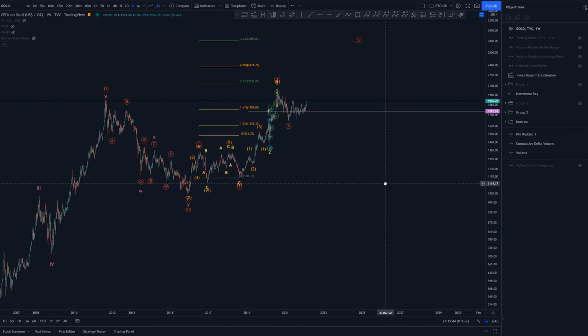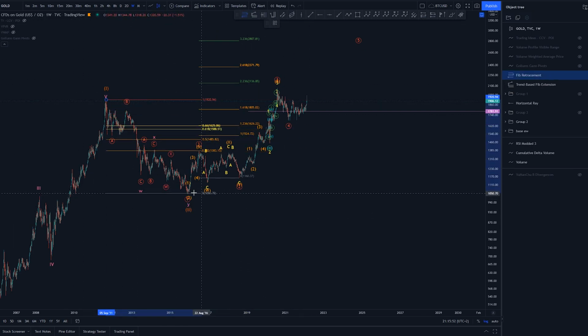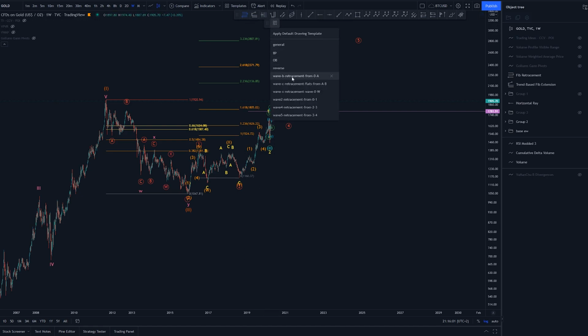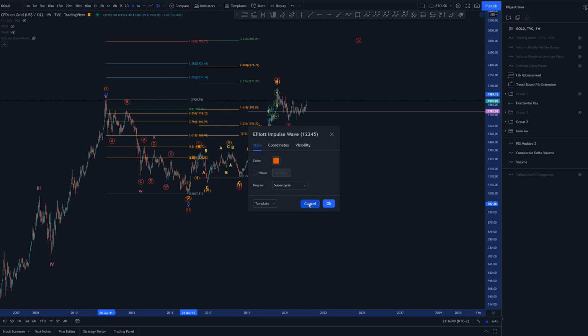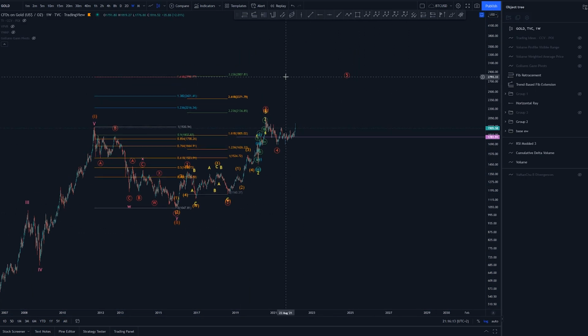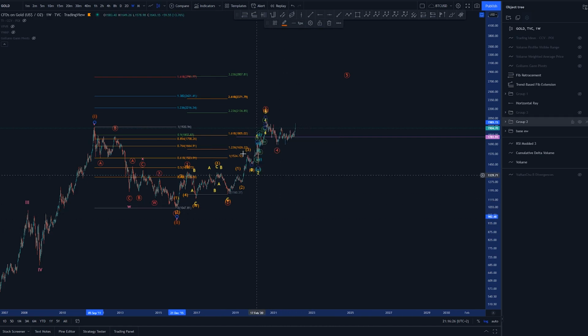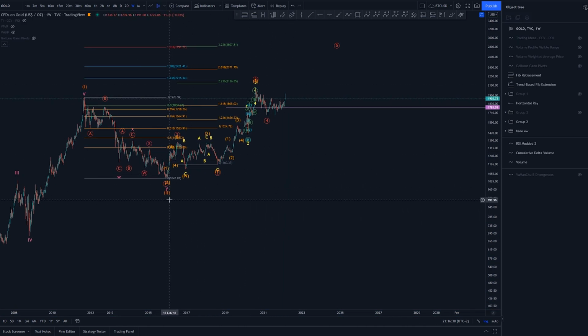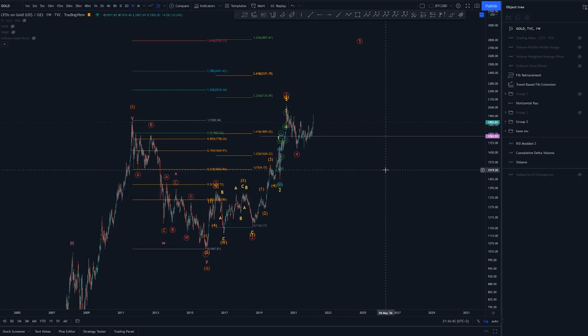However, as this is the wave 2 correction, it is not unheard of that this could be a bigger B wave of this wave 2 of Supercycle, and only after 1.618 can we clearly determine that this whole thing is not part of this Supercycle correction anymore. If we go above this 1.618, only then can it be part of this, and in that case we would be looking for something else here.